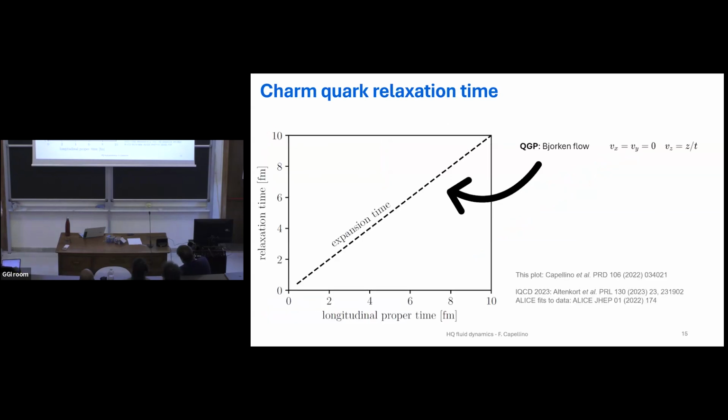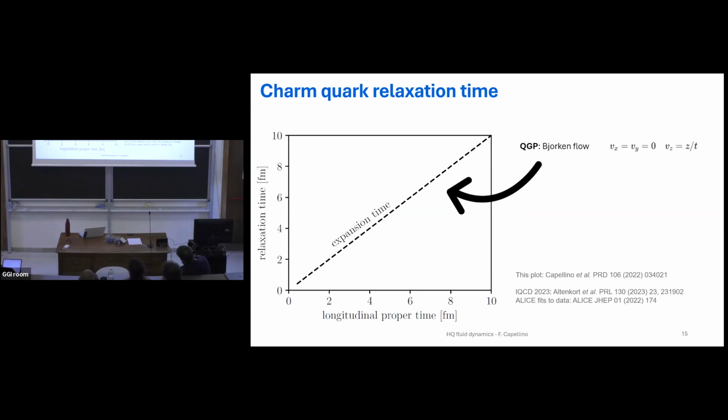Yes, and then one further point I want to make is that now we can define a relaxation time for the heavy quarks, and what we said is that the relaxation time in Israel-Stewart basically gives us a typical time scale after which the heavy quarks will fall under a fluid dynamic description. And what we can do now is to compare the relaxation time that we obtain for the heavy quark with the other typical time scale evolution that we have once we have a QGP that is actually expanding.